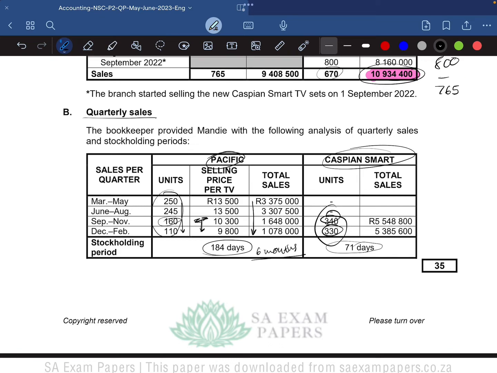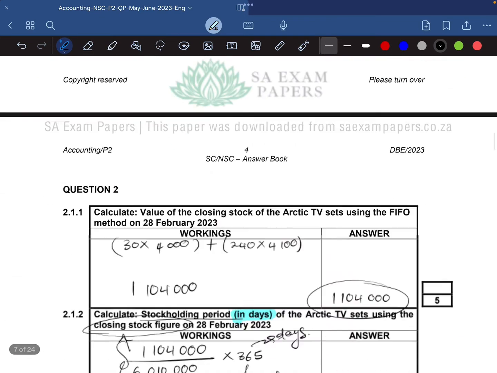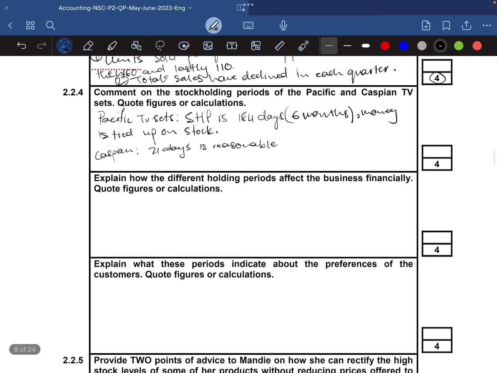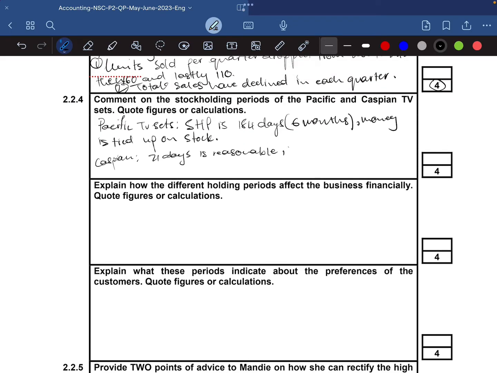It's greater than any of the quarters for Pacific. So because these sets are new in the market.